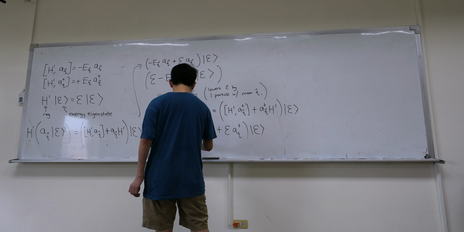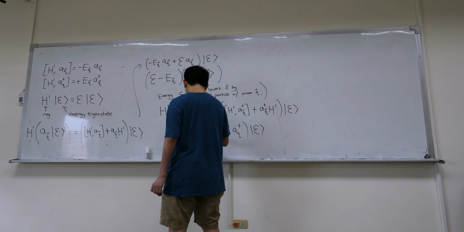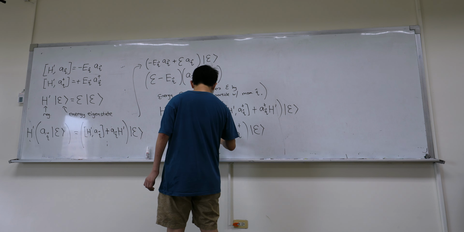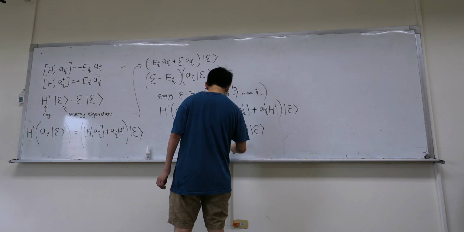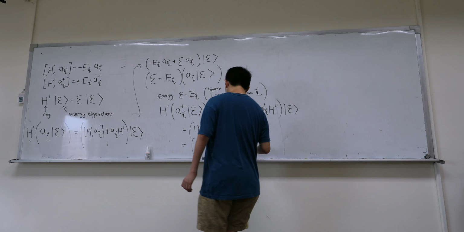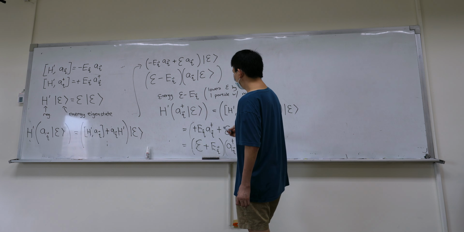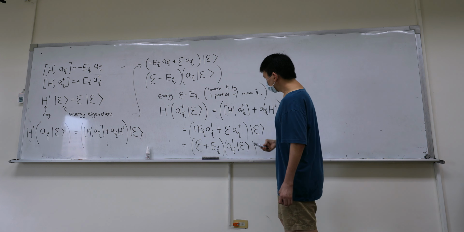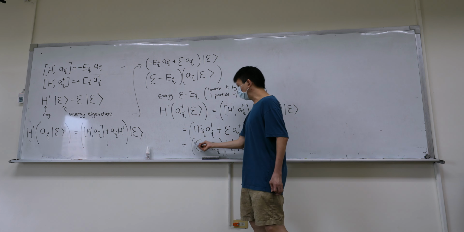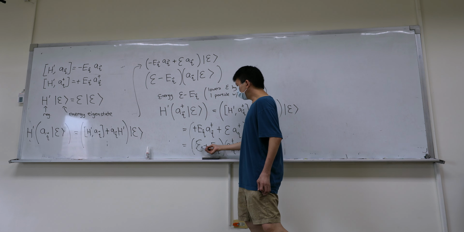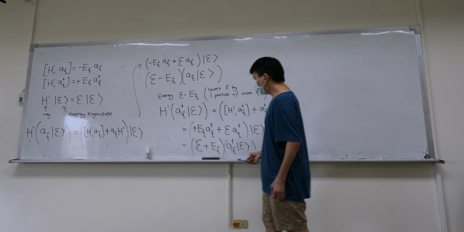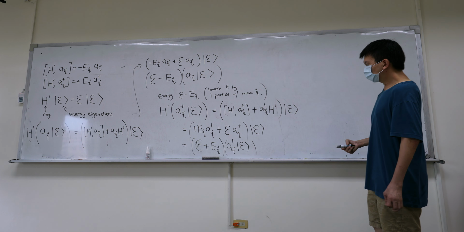My new energy eigenvalue is script E plus capital EQ, and then it's AQ dagger acting on the original ket. So again, I applied my H prime on my ket, and I get back my ket, but now multiplied by an eigenvalue, which is one unit of E of momentum Q, increased relative to script E.